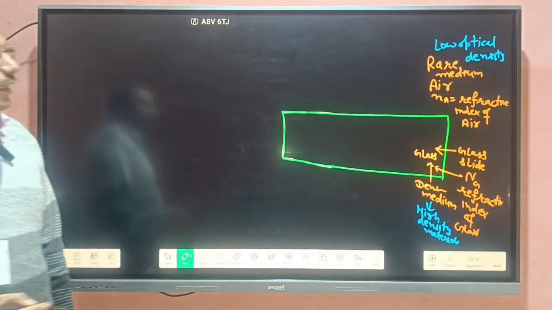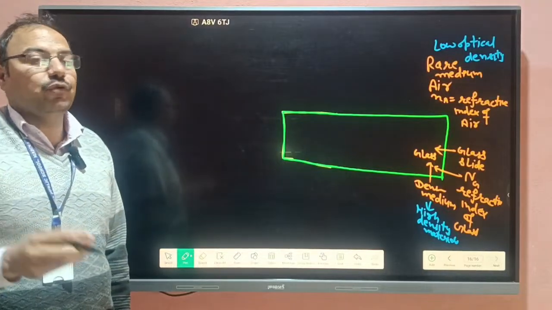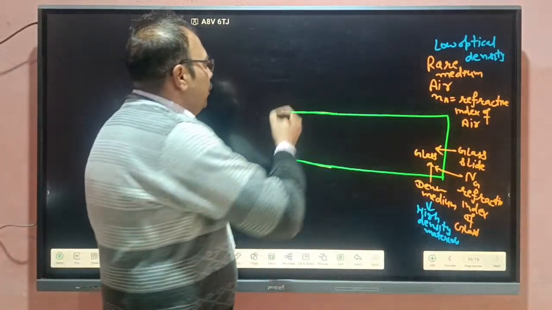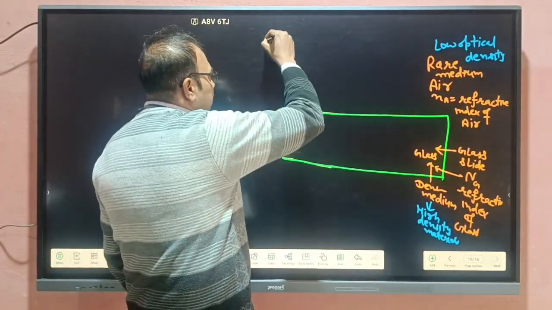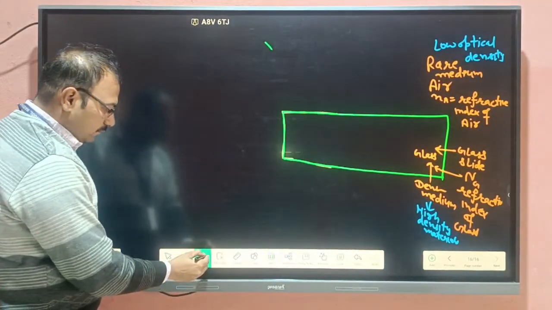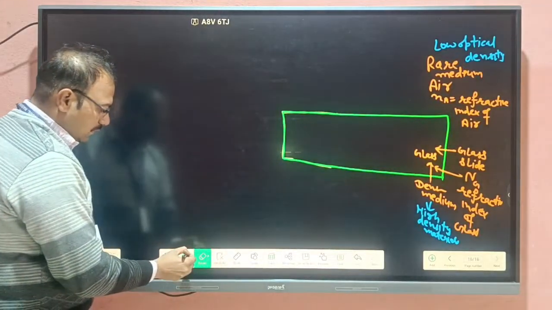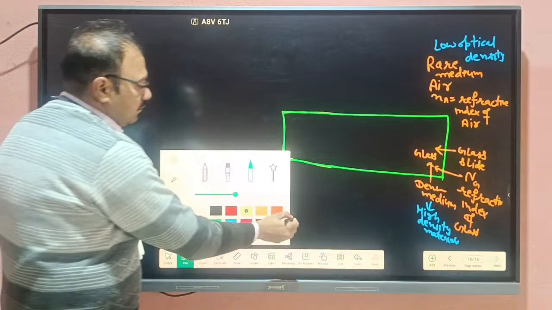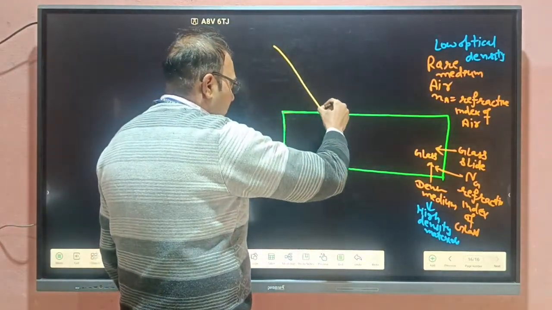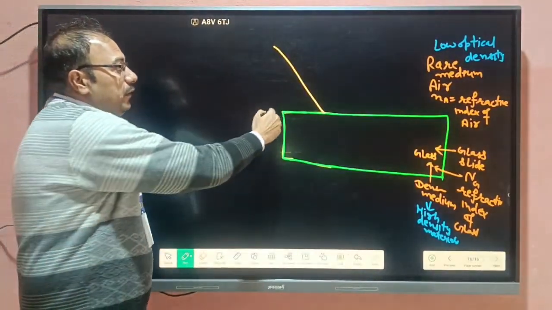This is a glass slab. We take a ray of incident light, produced by any source, maybe the sun or a torch. This light strikes the first surface.